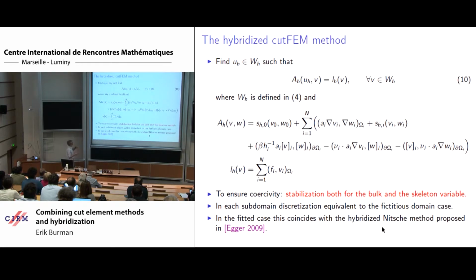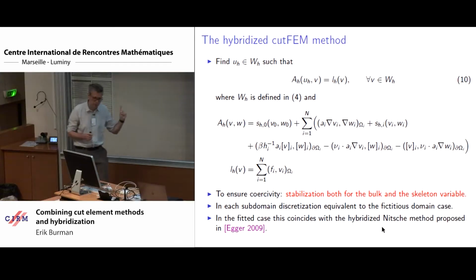To proceed now, I will have the same weak formulation. u_h is in this composite space, and I look for it for all v in the same composite space. But what is a here? Well, a is the sum over all the bulk domains. And if you look at this here, if I extract everything that is within this parenthesis, that's exactly the fictitious domain discretization on one domain that we had in the first part.